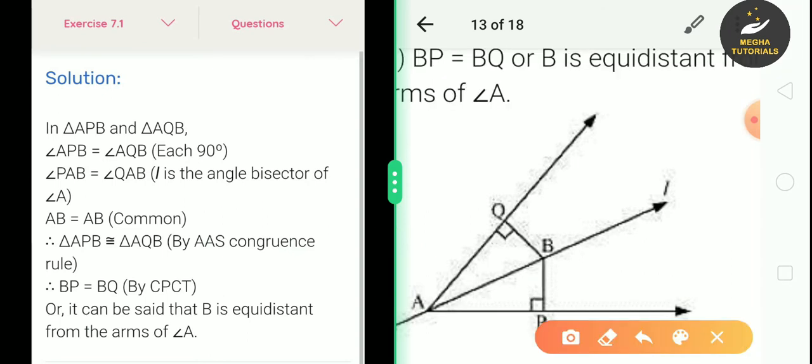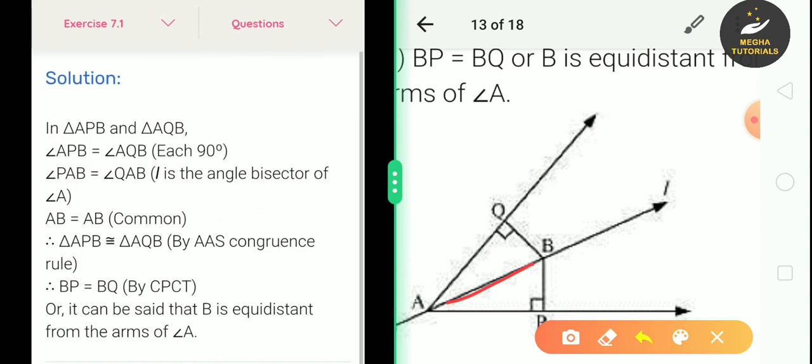In triangle APB and triangle AQB, angle APB is equal to angle AQB because both angles are 90 degrees. Then angle PAB is equal to angle QAB because it is given that L is the bisector of angle A. In these two triangles, AB is a common side, therefore AB is equal to AB.